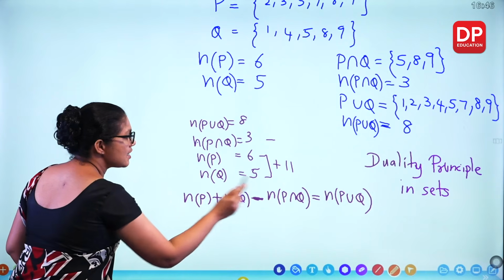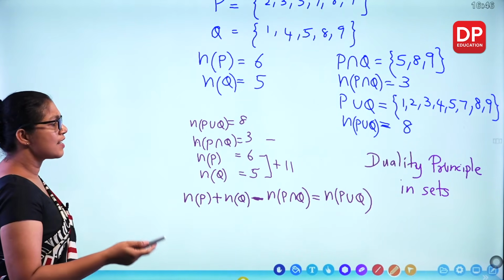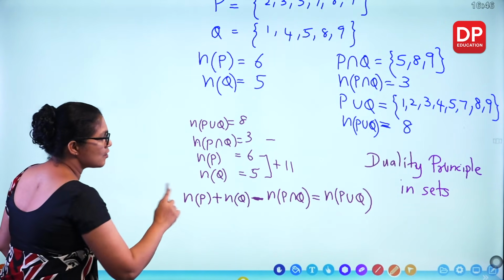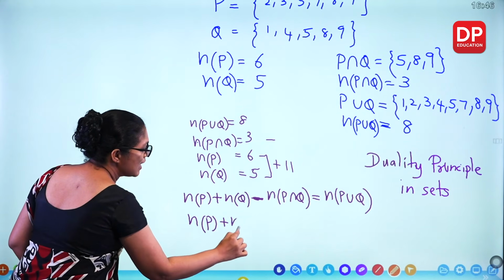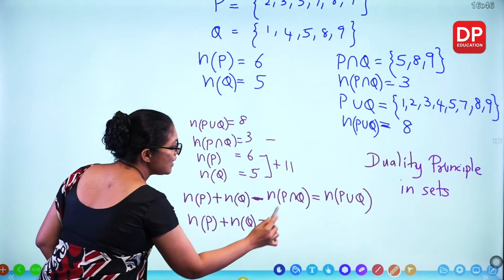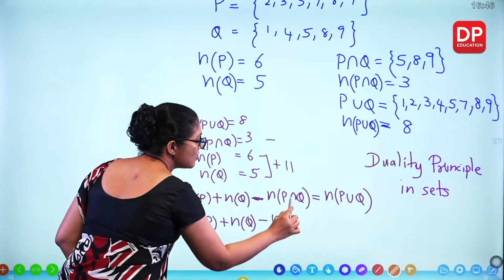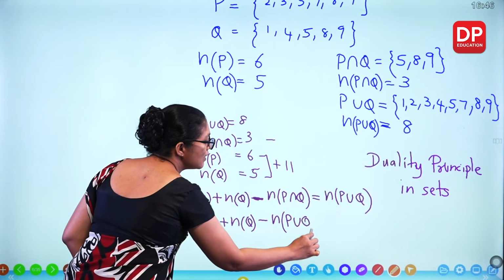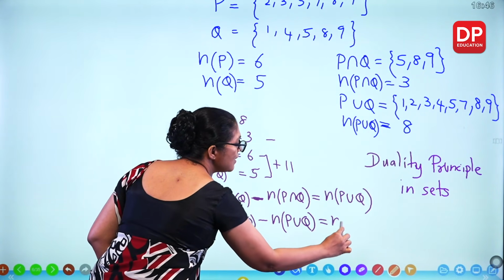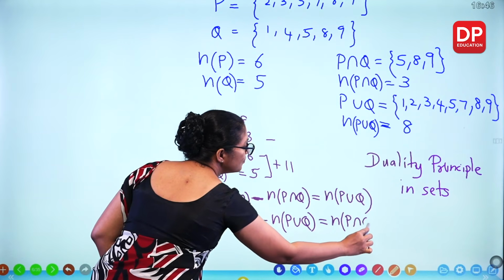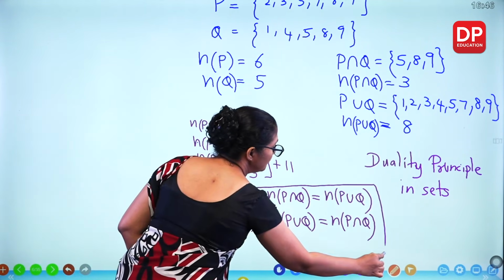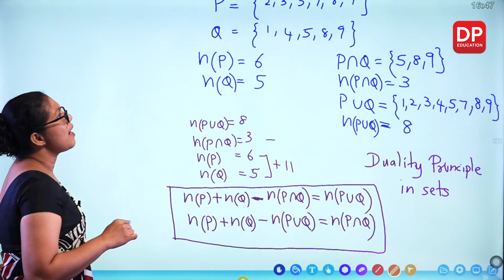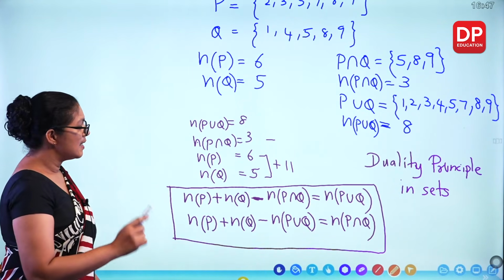So we can interchange union to intersection or intersection to union. So same thing I can write in n of P plus n of Q minus, I'll interchange this with union and the other one with intersection. So you need to remember the relationship between number of elements in sets.